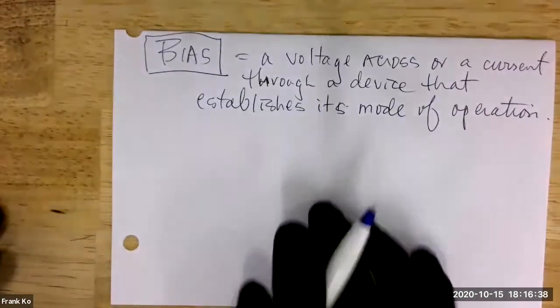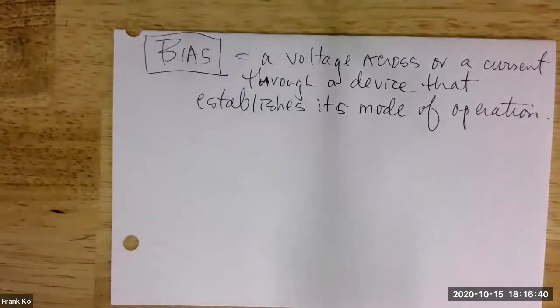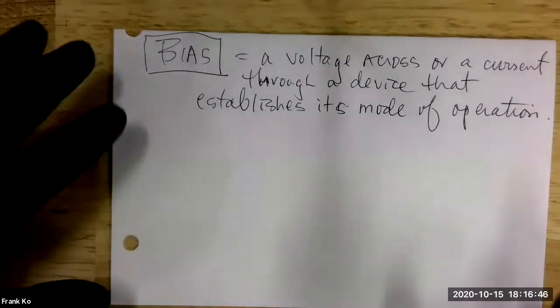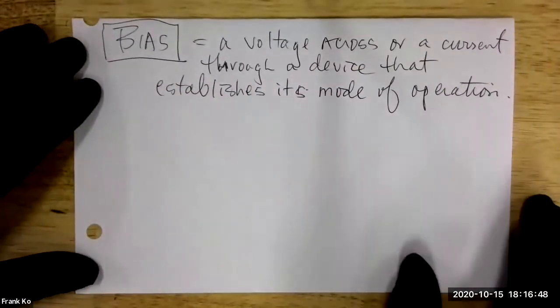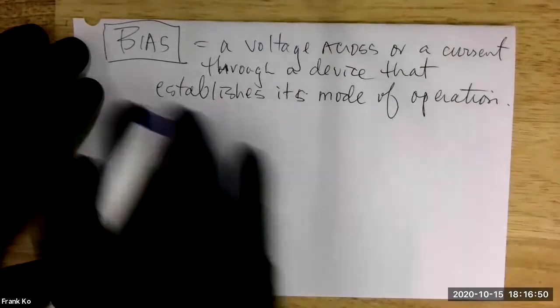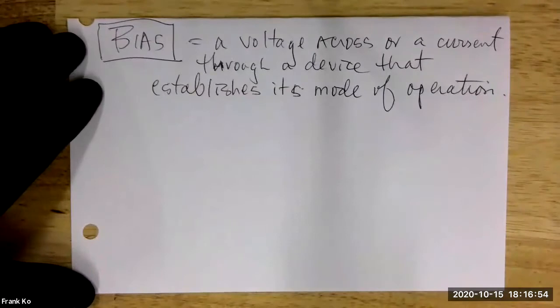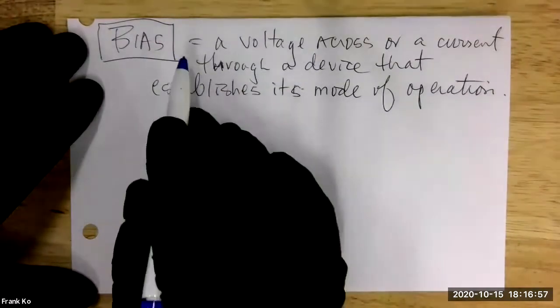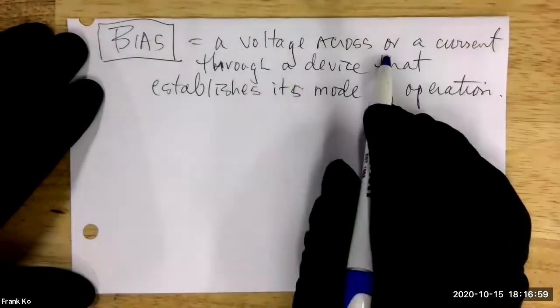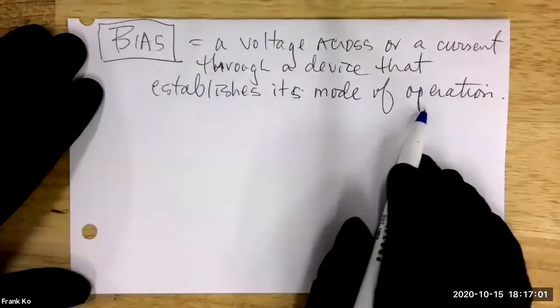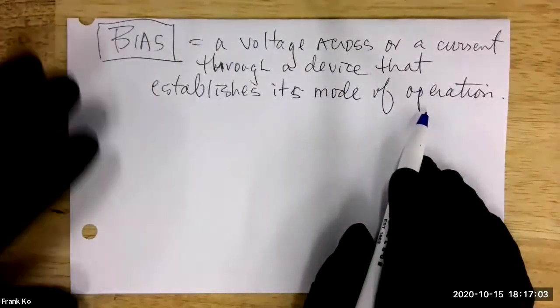Okay, that's a very important definition. You will see bias come up as a definition, not only for diodes, but you will see bias come up as a definition for transistors as well. But this is correct, and it does apply to both kinds of devices we're going to play with. So bias is a voltage across or a current through a device that establishes its mode of operation.